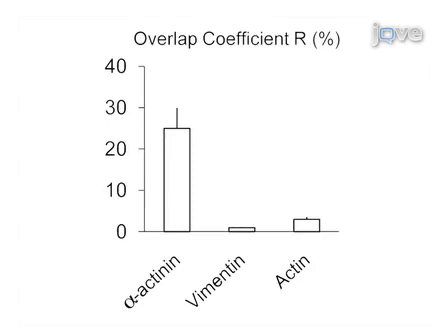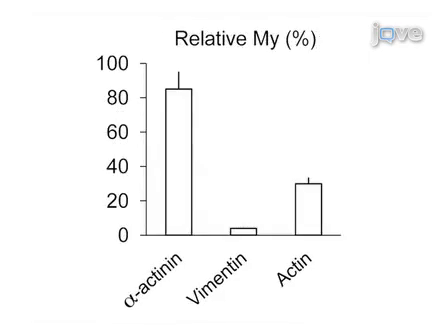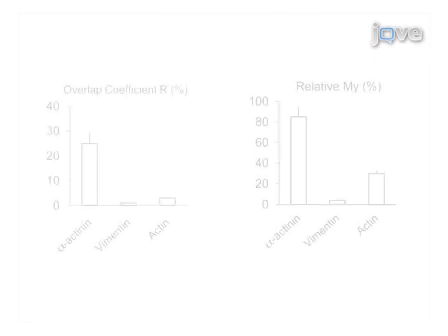The data were also analysed to obtain relative overlap coefficient R, which according to Manders represents the true degree of co-localization, i.e. the number of pixels that co-localize compared with the total number of pixels, and MY values for α-actinin, vimentin and actin.